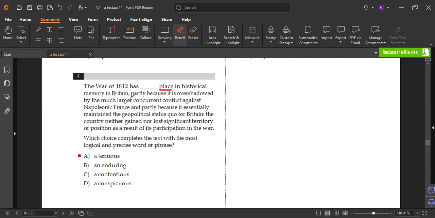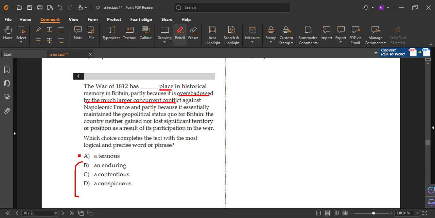In historical memory in Britain, partly because it is overshadowed by the much larger concurrent conflict. So overshadowed means it was unclear, it was uncertain. So here letter A is correct, and B, C and D do not make sense.